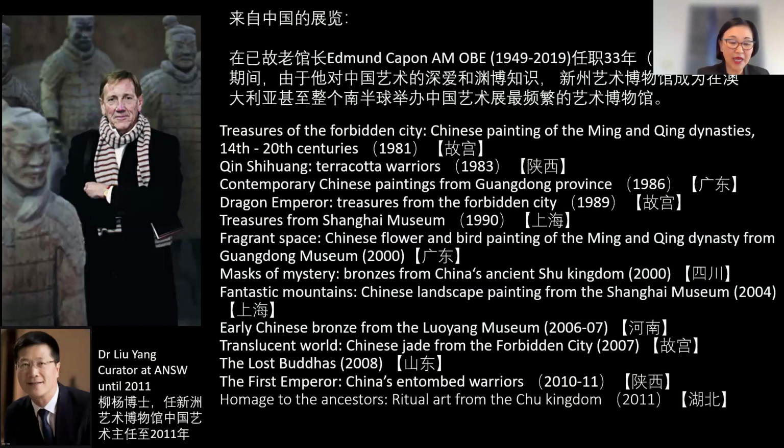You could see we had two terracotta army exhibitions, with only one exception, the exhibition The Lost Buddha, which showed works from Qingzhou of Shandong province. And most of the works in that exhibition dated to Northern Wei and Qi dynasty of the 6th century.